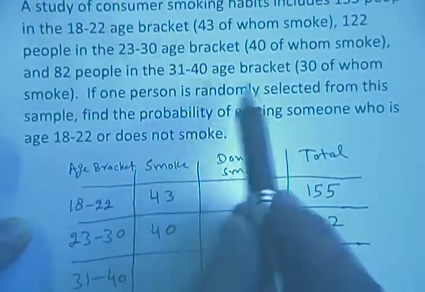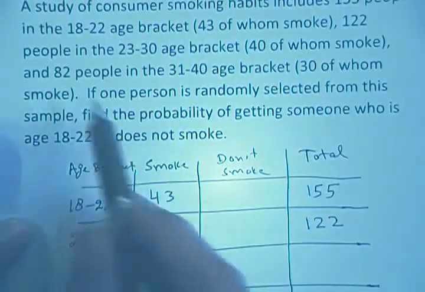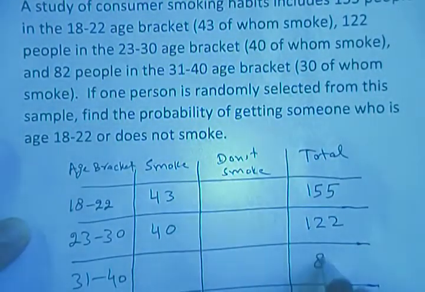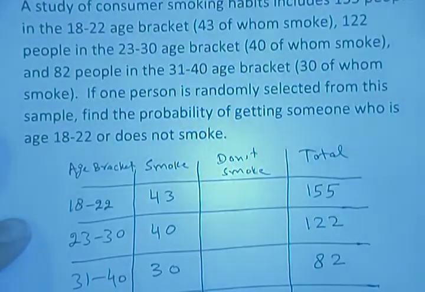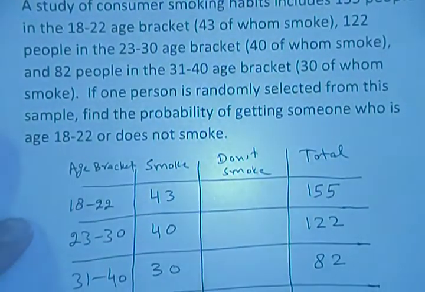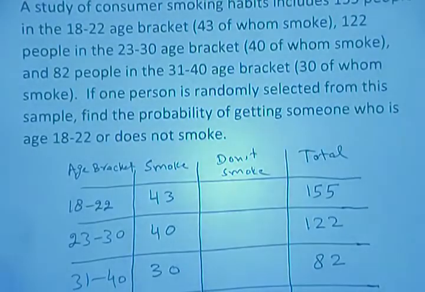And then in the third age bracket, 31 to 40, there are a total of 82 people, and out of 82, 30 smoke. Right? So now this is the given information, and now we can complete this table as required.